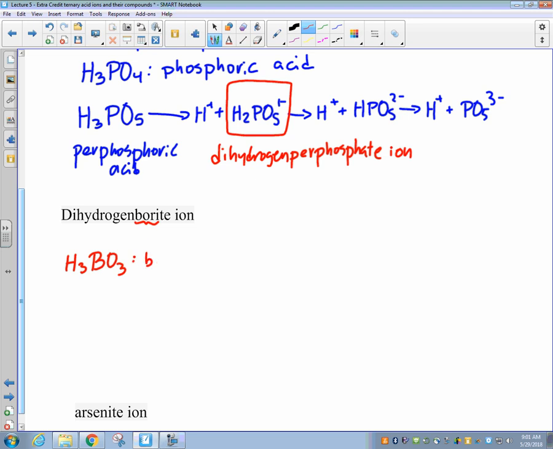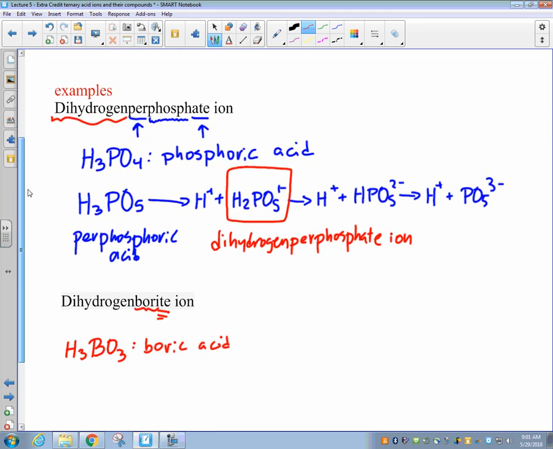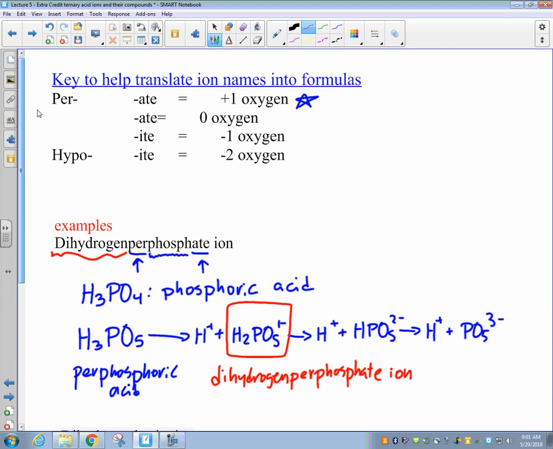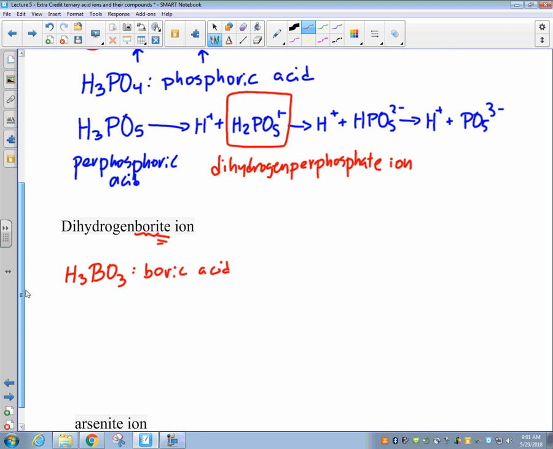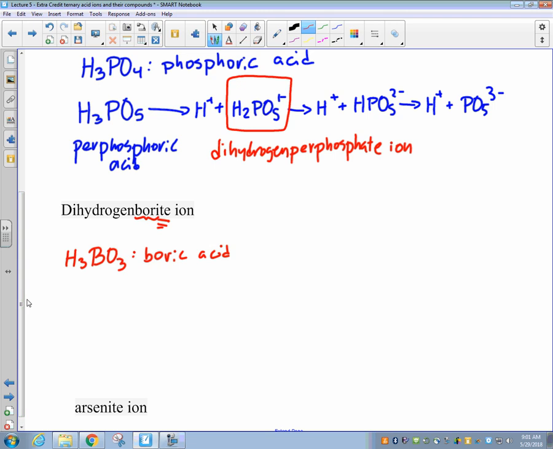If this is boric acid, the parent, our ion has the suffix ite, but no additional prefix. So suffix ite means we've got one fewer oxygen than the parent. So the parent acid, boric acid, our acid must therefore have been H3BO2 with one fewer oxygen, which would therefore be borous acid.